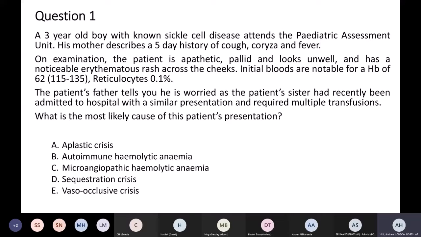The patient's father tells you he's worried as the patient's sister had recently been admitted to hospital with a similar presentation and required multiple transfusions. So what, in this case, is the most likely cause of this patient's presentation? I'll give you guys 30 seconds or so to answer, and feel free to post anything in the chat if it's the answer or if you have any questions about this.